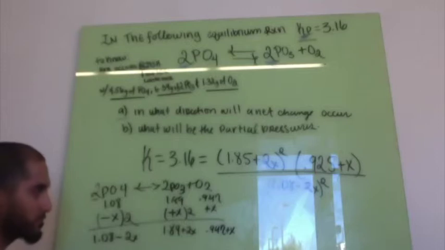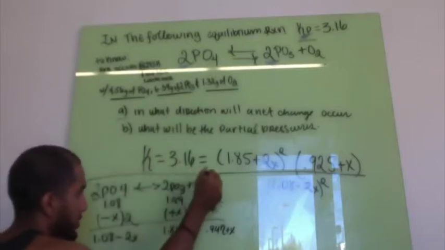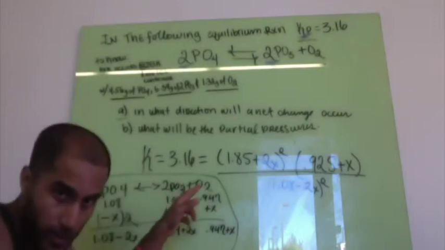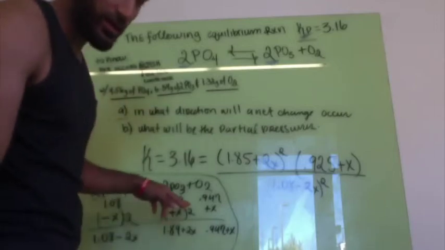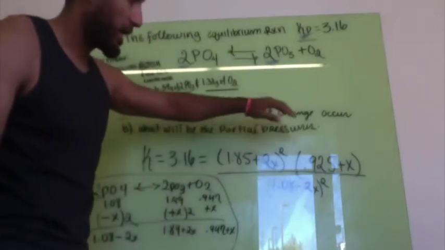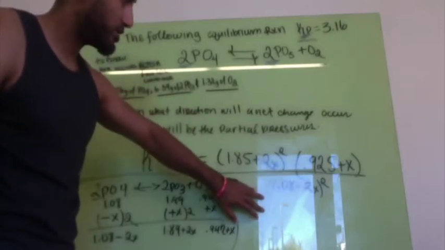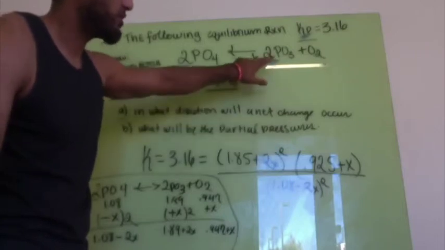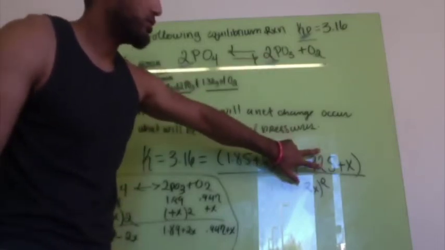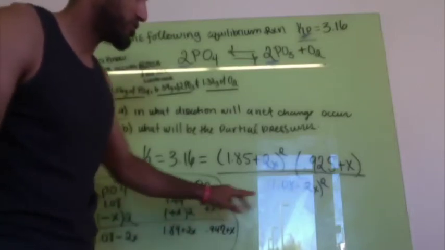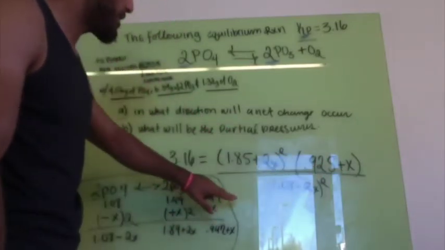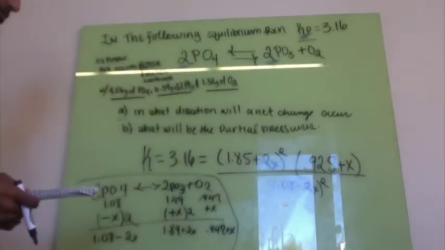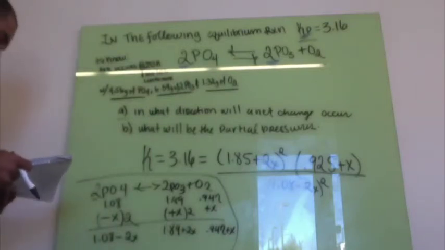From these, we can plug this into our equilibrium expression, which I have already done for you. We know it's products over reactants. So this stands for PO3, which we square because of our coefficient, times our O2, which didn't have a coefficient, so it would be just plus X, over the reactant 1.08.